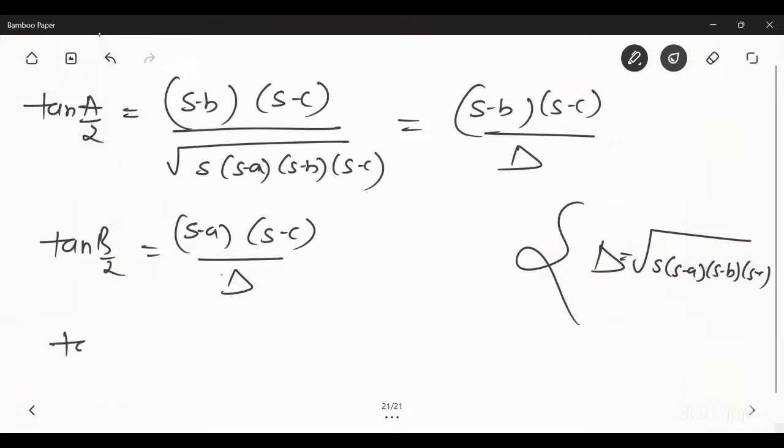Now the value of tan C/2 is (S minus A)(S minus B) upon delta. So those are the values of tan A/2, tan B/2, and tan C/2.